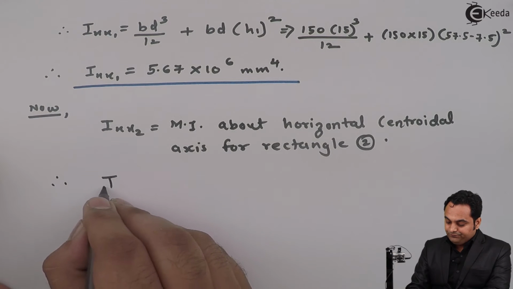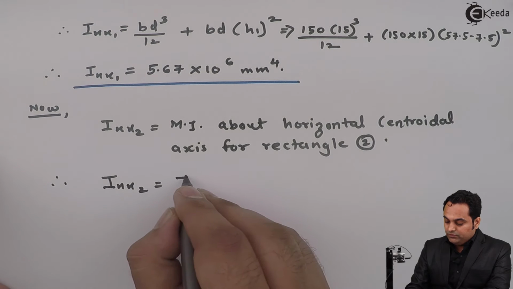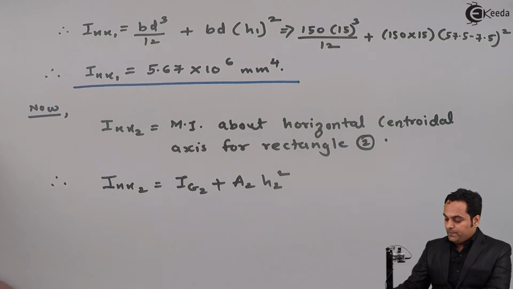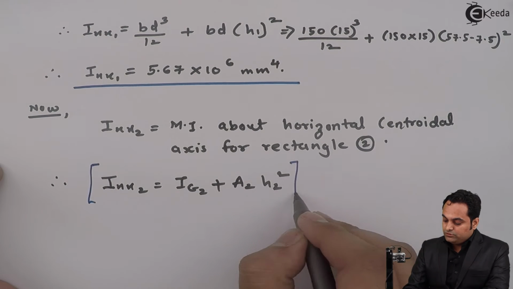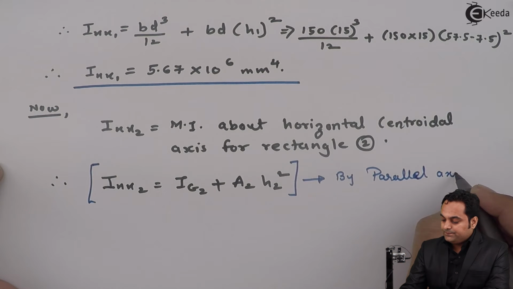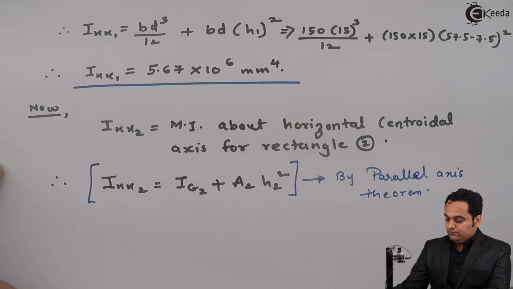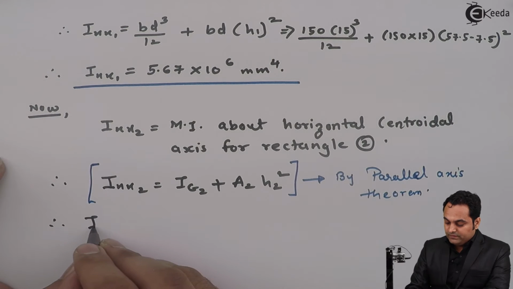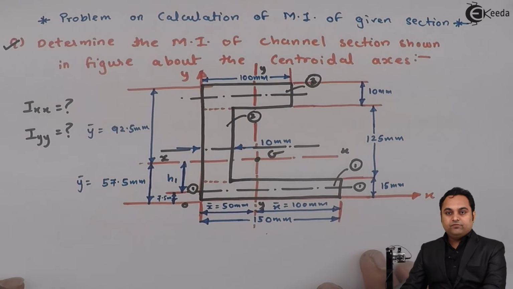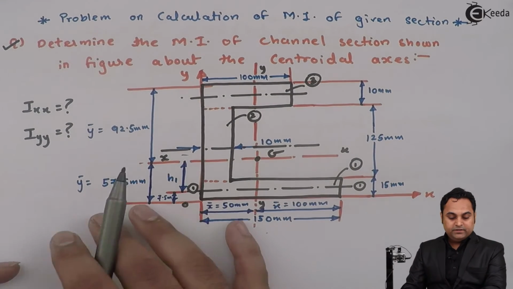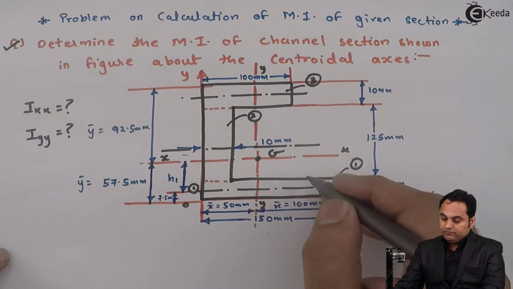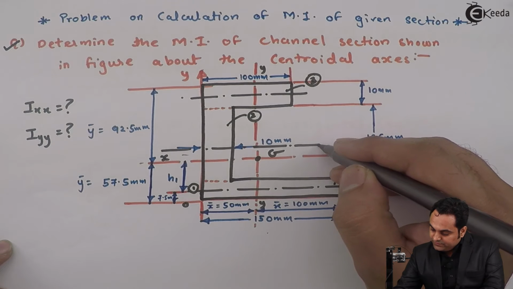Therefore Ixx2 is equal to Ig2 plus area 2 into h2 square, and this has also come from the parallel axis theorem. Now Ixx2 will be equal to, as we can see, the x-axis of rectangle number 2 is passing at a distance of 72.5 from bottom, that is the distance here.